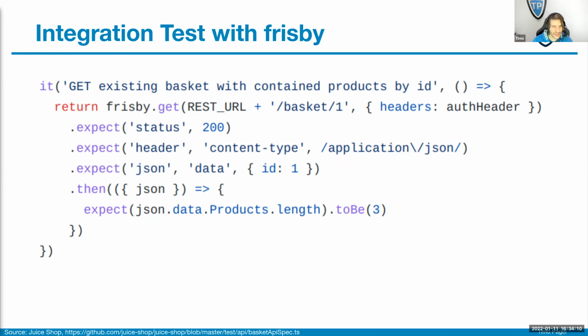We give some headers with it because the Juice Shop requires, for example, authentication headers, which I think is also the session ID. And when we do that, we expect the status to be 200. We expect the header. We expect that we get back JSON with ID 1, and that the product length is 3.